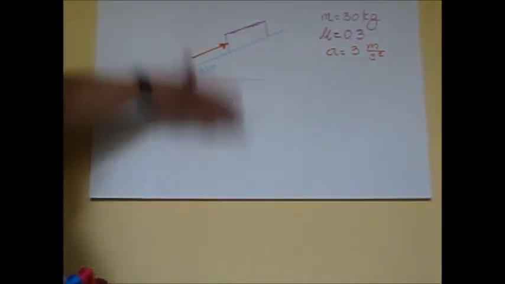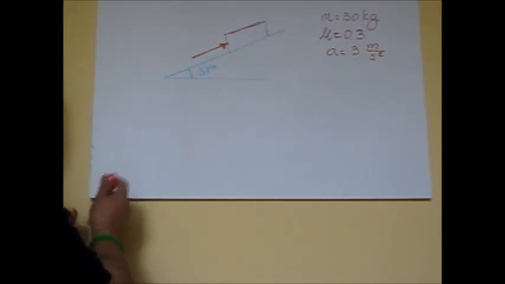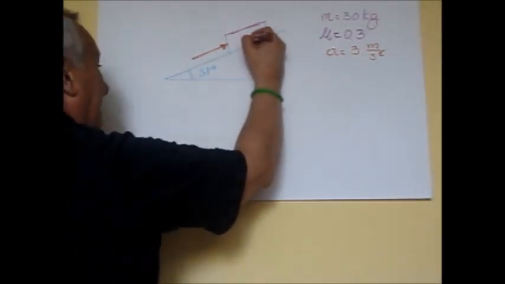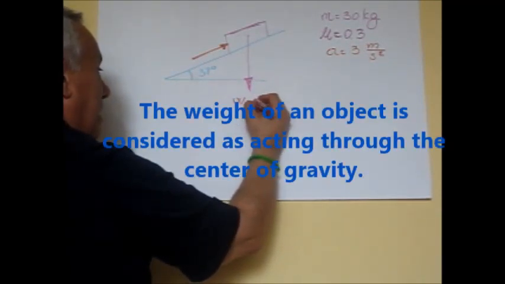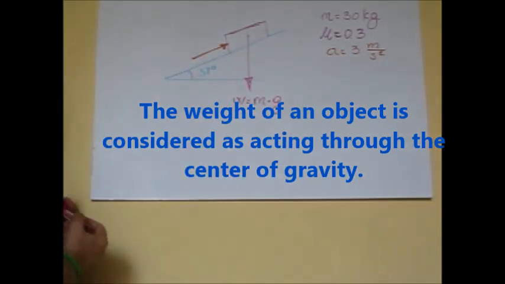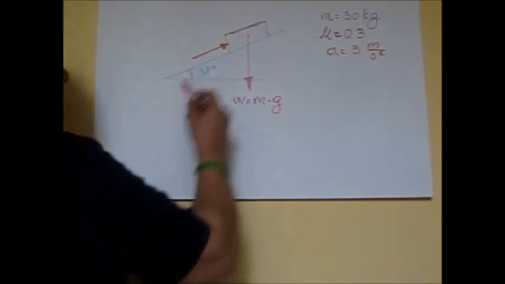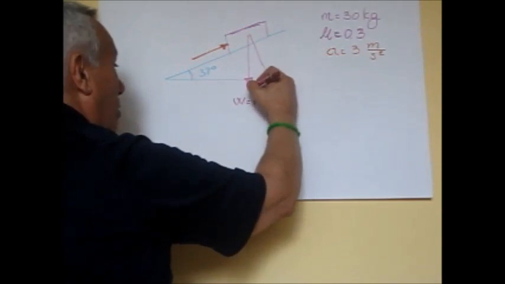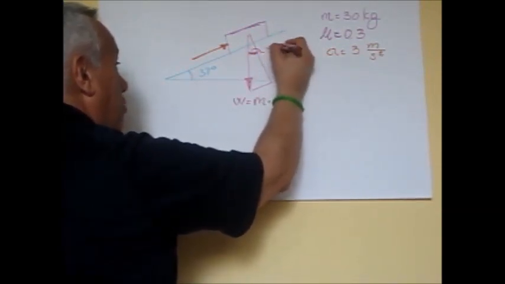Now, all we have to do is to put the system of forces. Please follow me, guys. First I have the weight. How much is the weight? It's mass, which is given, times gravity. This weight has two components. If this angle is 37 degrees, this angle is 37 degrees too.